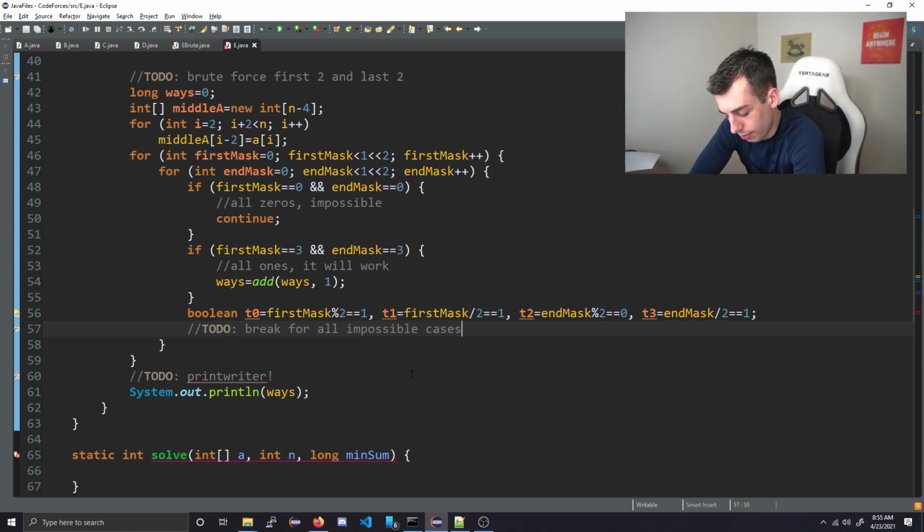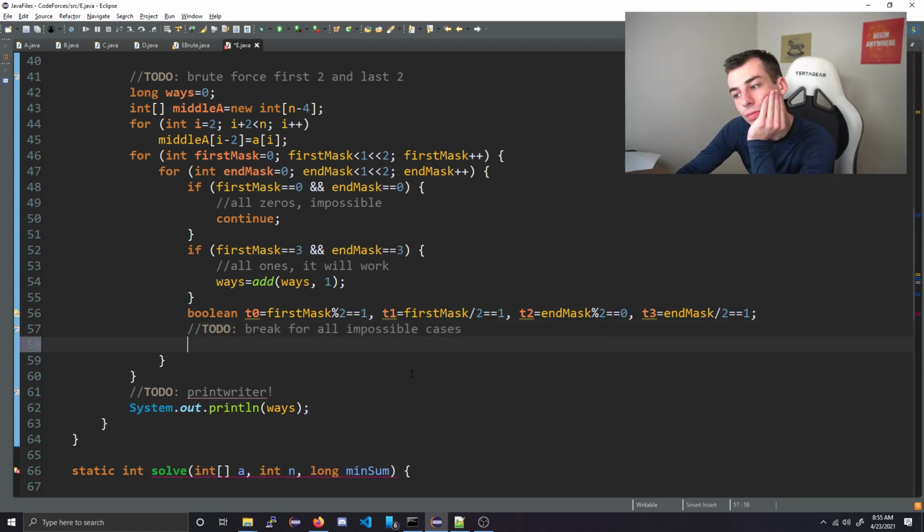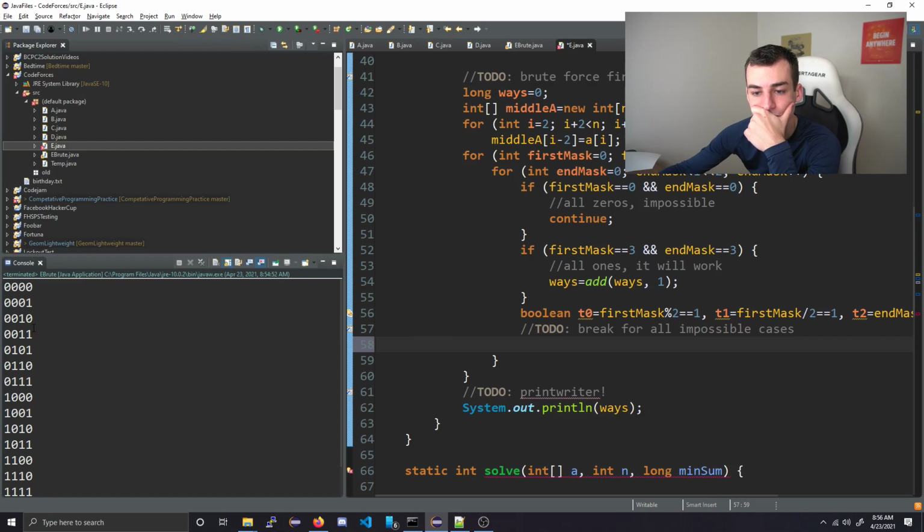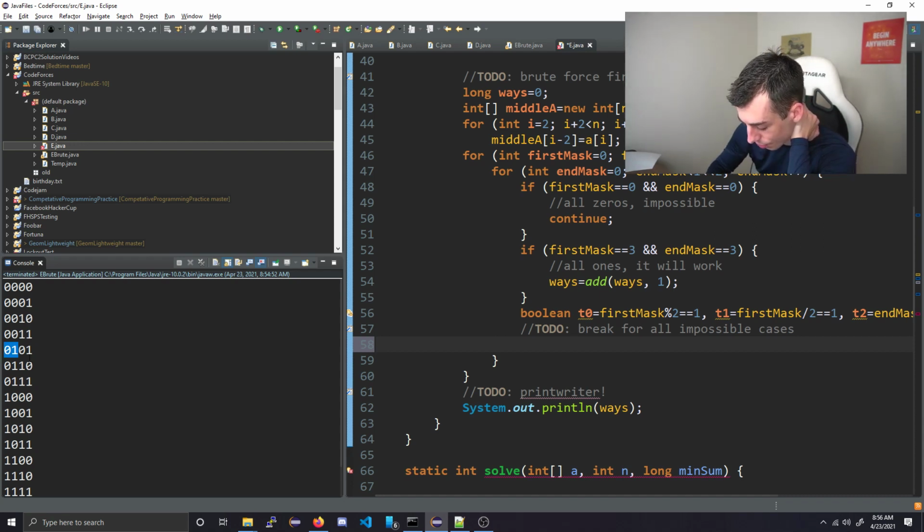Okay, so yeah. So if we have 0, 1, and then it ends with 0, 0, that's impossible. Starts with 0, 1, 0, 0 is impossible. And then also, if it ends in 0, 1, and then it starts with 1, 1.